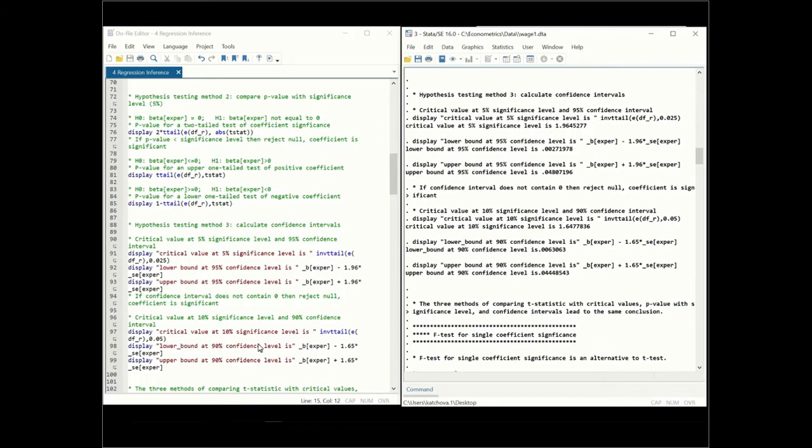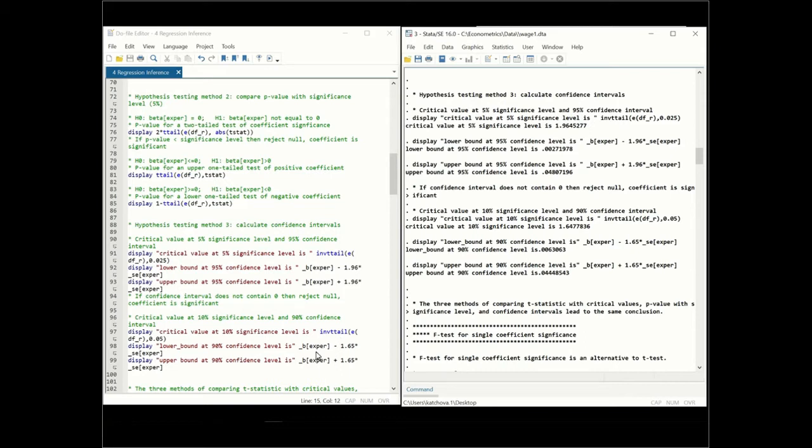So if we do critical value at 10%, we would be doing inverse t-tail, degrees of freedom, and we would just be leaving 5% in each tail now to get to the overall 10% significance level. And this number at the 10% is basically 1.65. That's why we use 1.65 for the 90% confidence interval.